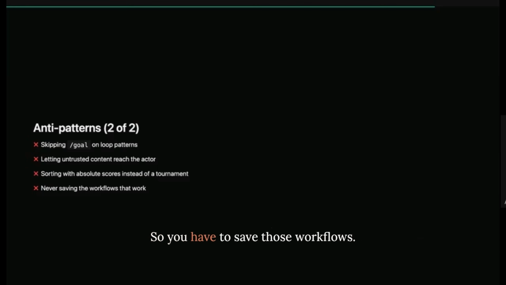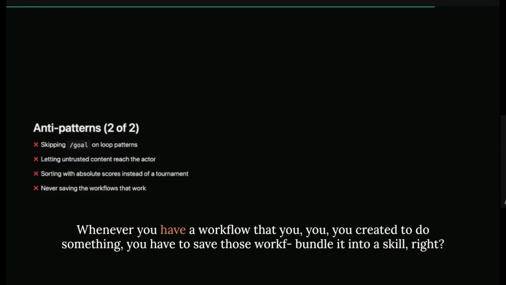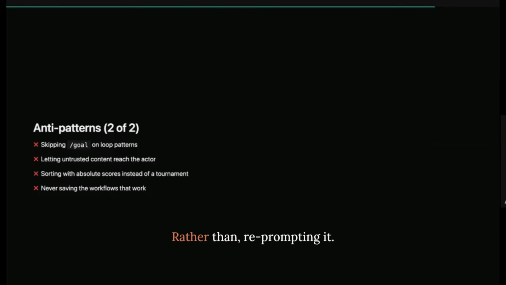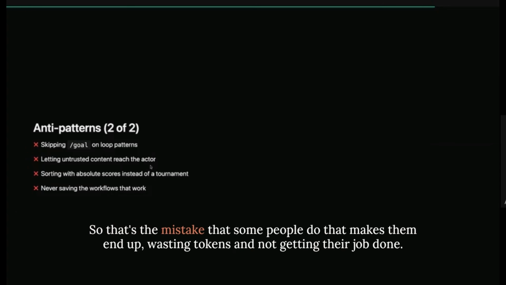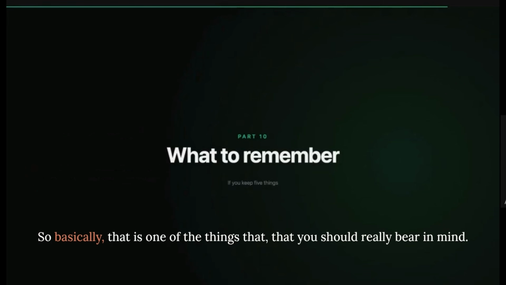So you have to save those workflows. Whenever you create a workflow to do something, bundle it into a skill rather than reprompting it. That's the mistake some people make that ends up wasting tokens and not getting their job done. So that is one of the things you should really bear in mind.